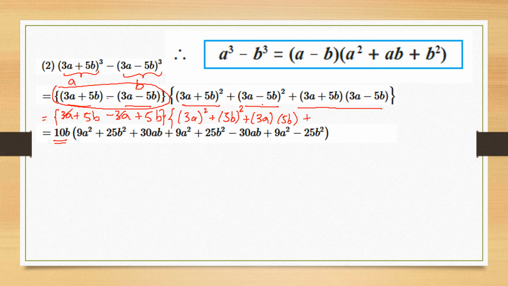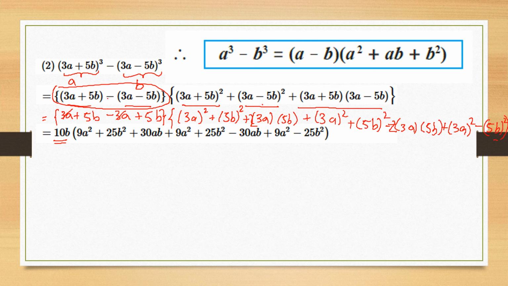Plus the second bracket, here I'll use (a minus b) the whole bracket square formula, which is a square plus b square minus 2ab. So same thing we'll do, a square plus b square minus 2ab. And the last term becomes a square minus b square, so this becomes 3a square minus 5b square.